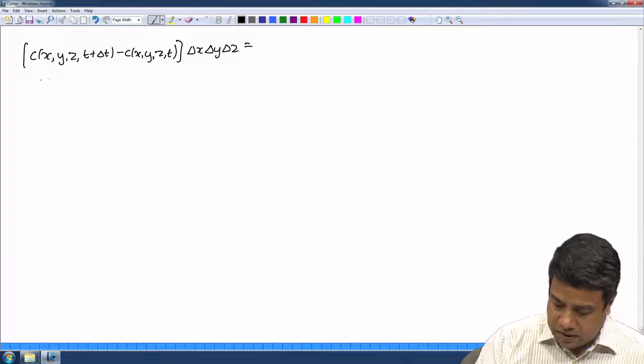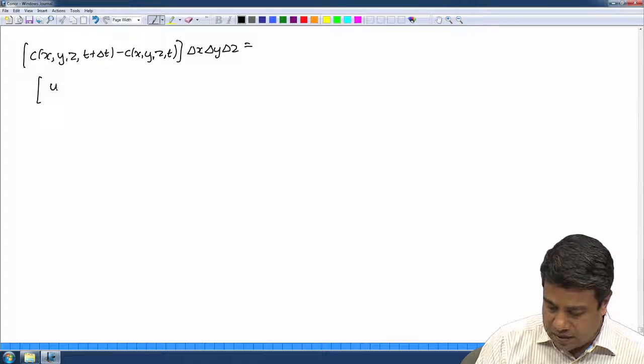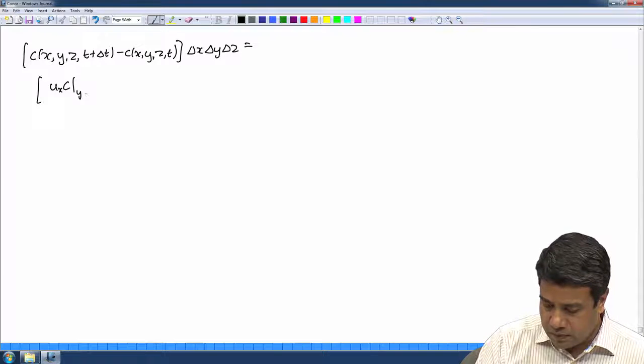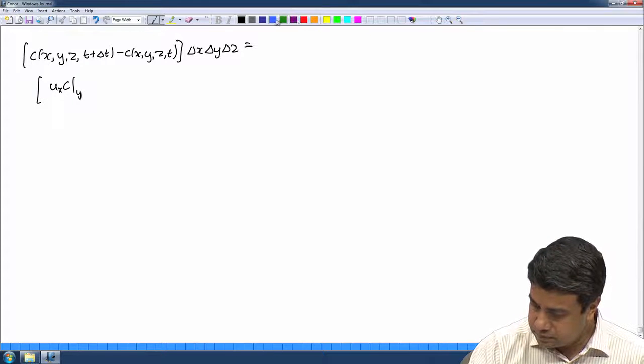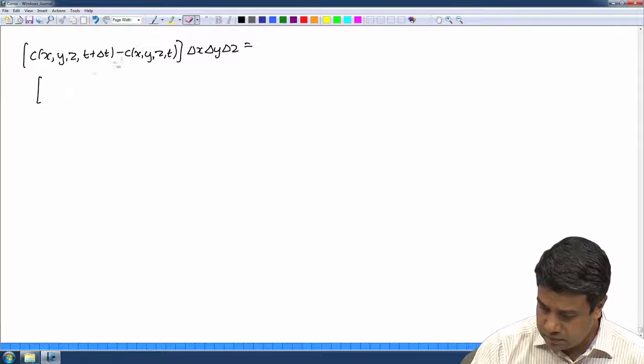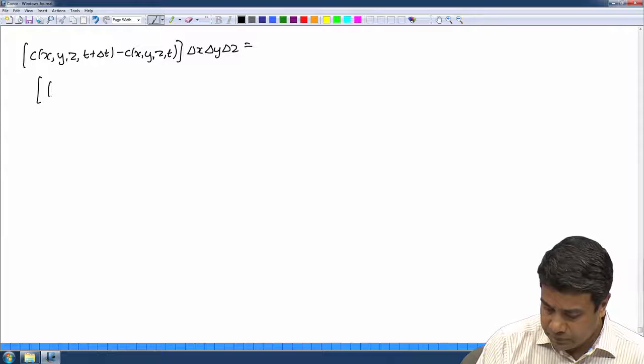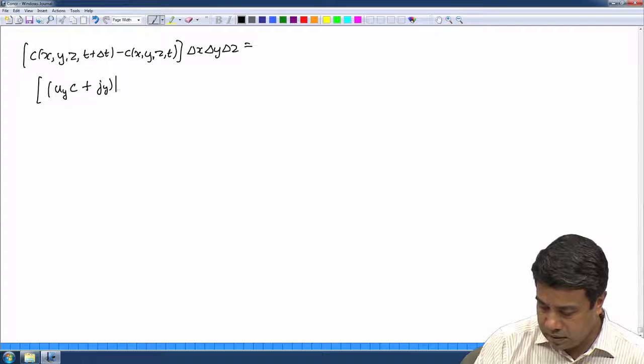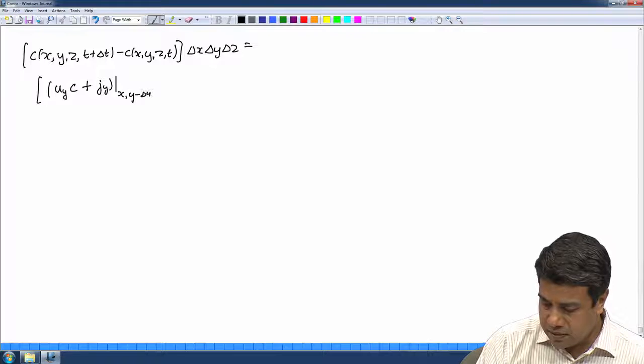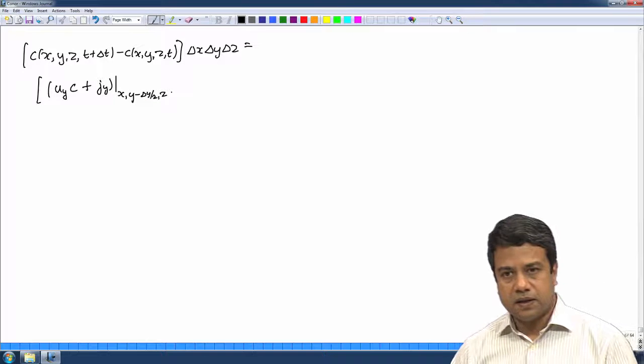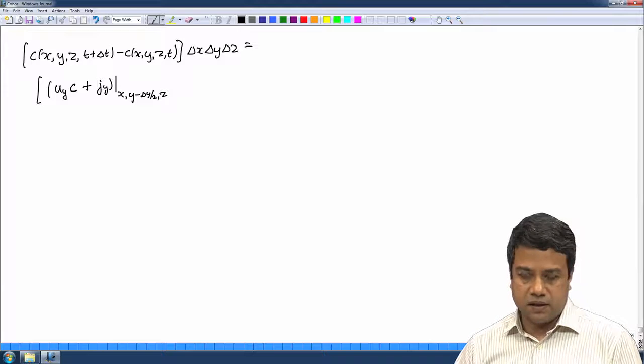So, therefore, I will have the u_y times c, plus j_y at (x, y minus delta y by 2, z), that is the flux coming in due to convection and diffusion.